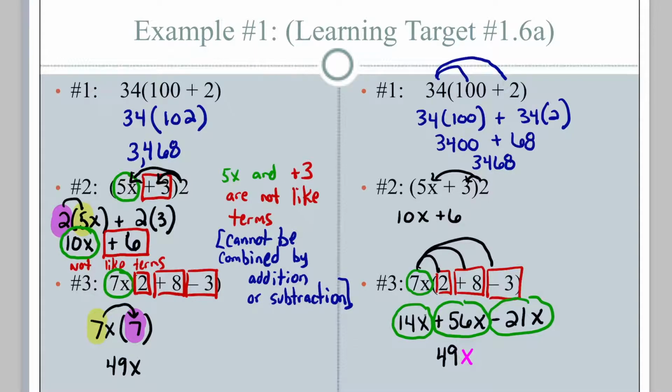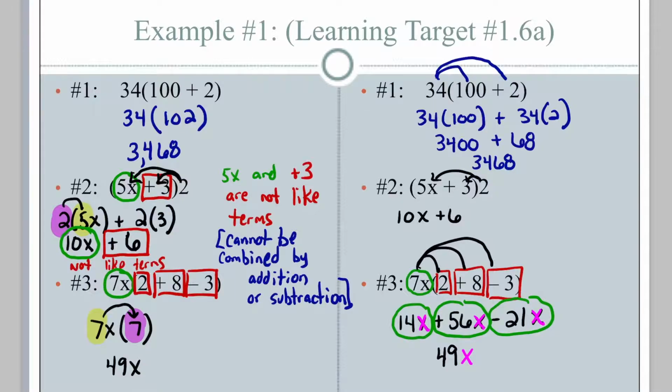So that x stays the same exponent and variable as the x in the terms that we were combining. And so in combining these like terms, we have added the coefficients. And in the case of the minus 21, we added the negative. And then the x maintains its same properties as far as the variable and the exponent.